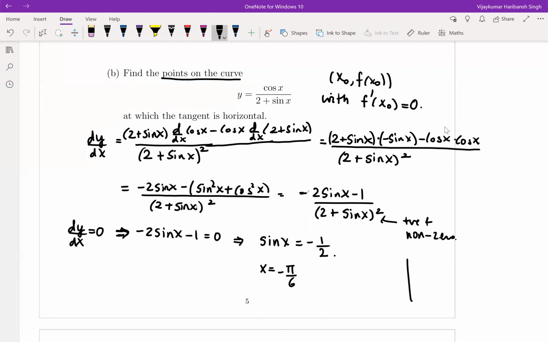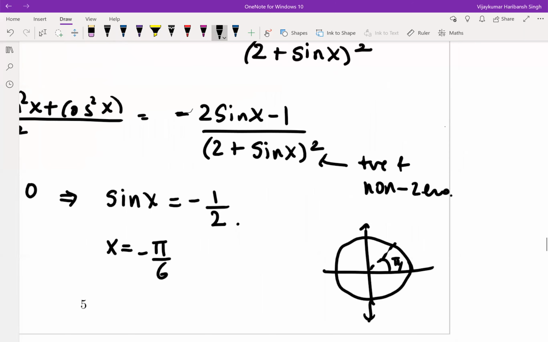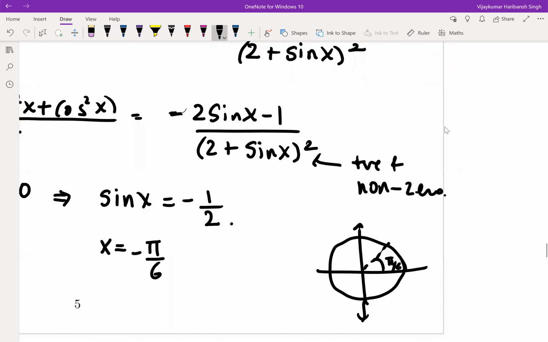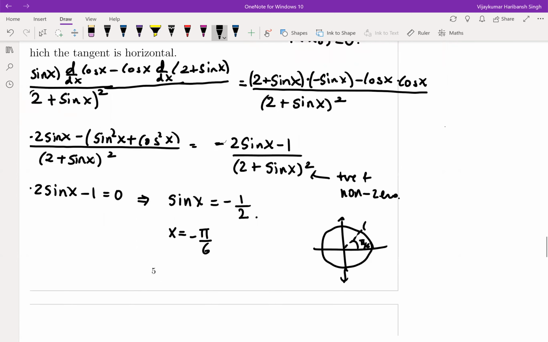Note the following: sine is the y value. At pi by 6, the y value is half.